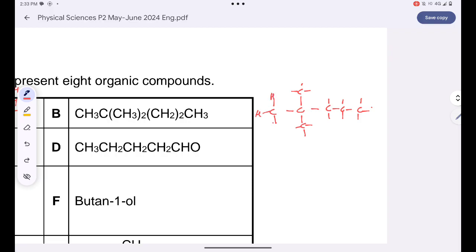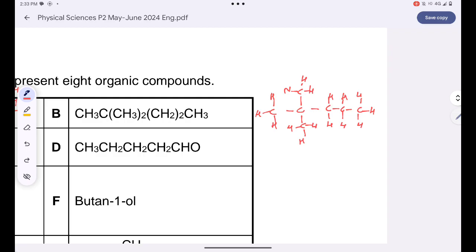All we need to do is write down the hydrogens. And then the next thing we need to do is write down the IUPAC name.